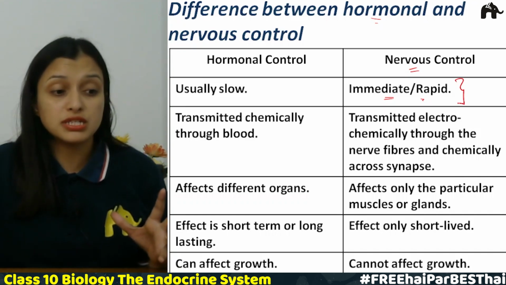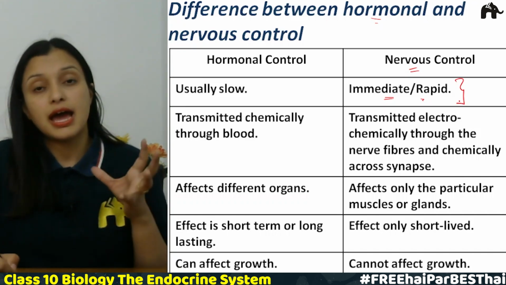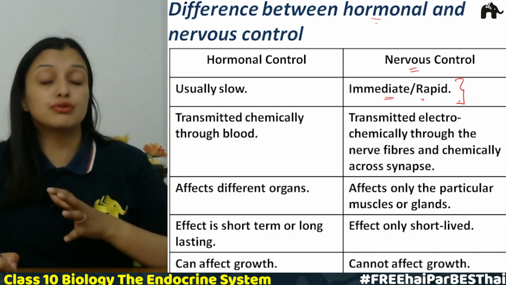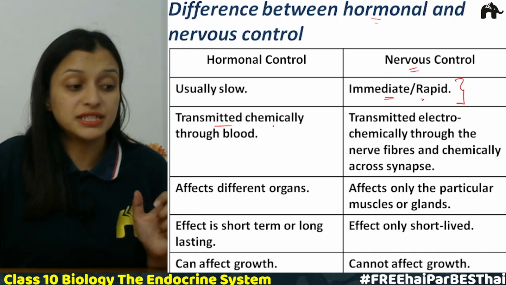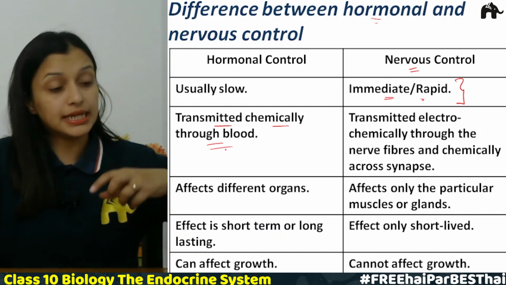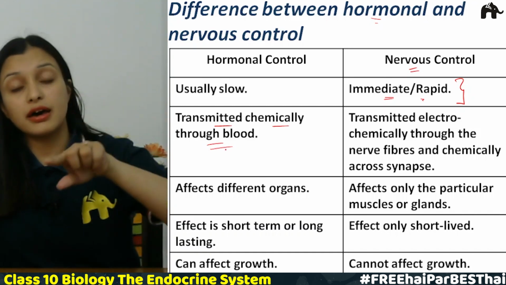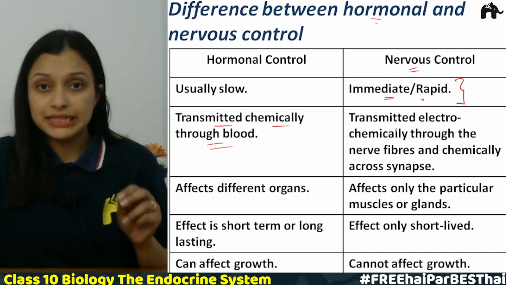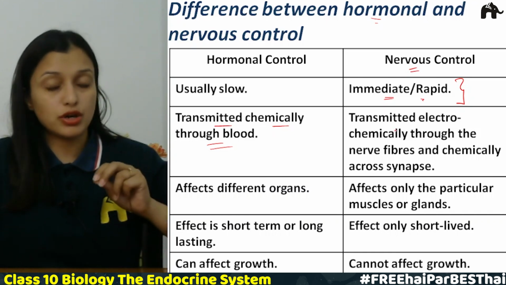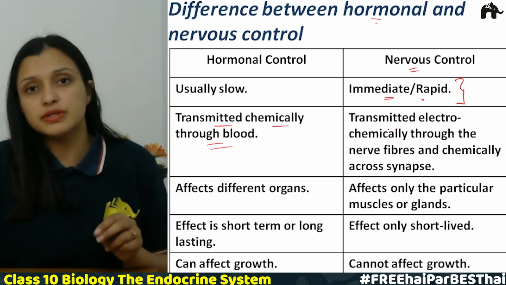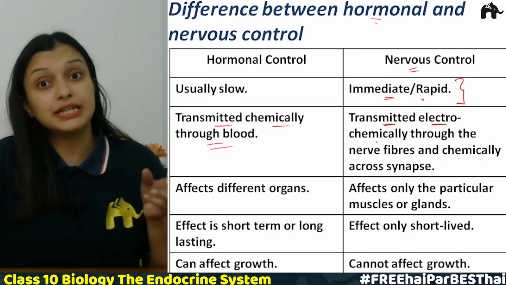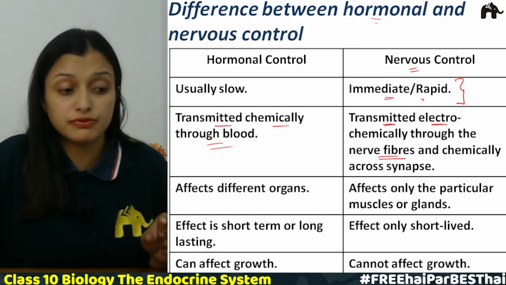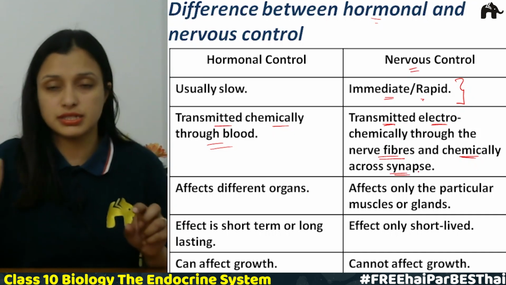The response is usually fast in case of nervous control as compared to hormonal control. The second difference is that hormones are transmitted chemically through blood, but in case of nervous control, signals are transmitted electrochemically through nerve fibers and chemically across the synapse.